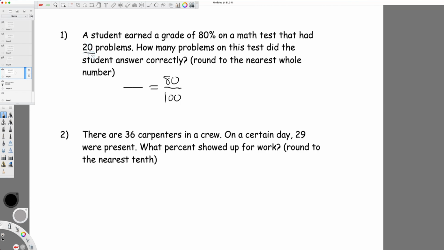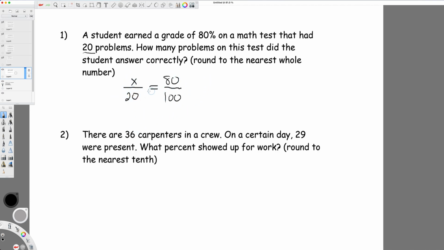If this 20 problems was what the student got, this 80% is what the student got, and so they would go in the same place. However, this 20 problems is how many questions are on the test. It's the total number of questions. So this 20 must go down here, and then the unknown, how many problems on the test the student answered correctly, goes here. I'm just going to call it X, kind of generic, that's fine.